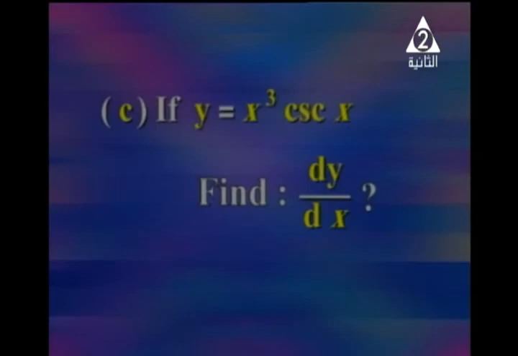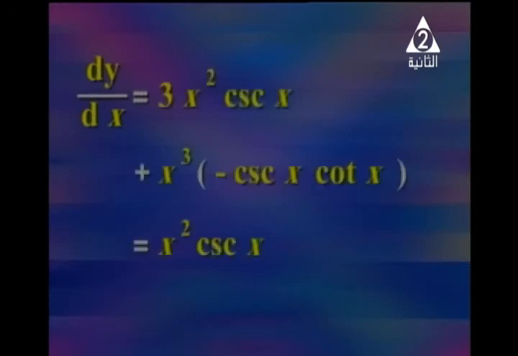Look at the solution. When we find dy by dx, remember, we find 3x power 2 times cosec x plus x power 3 times bracket contains negative cosec x cotan x. What do you mean? 3 is constant.